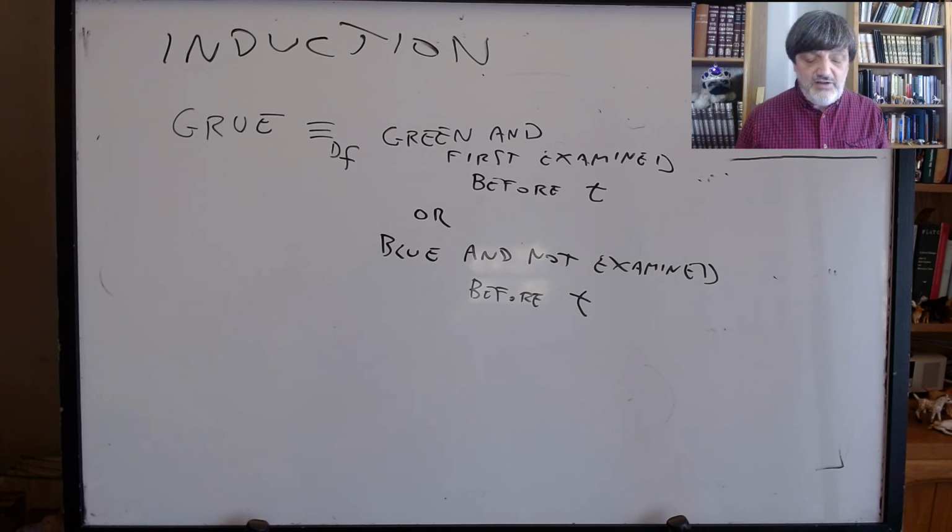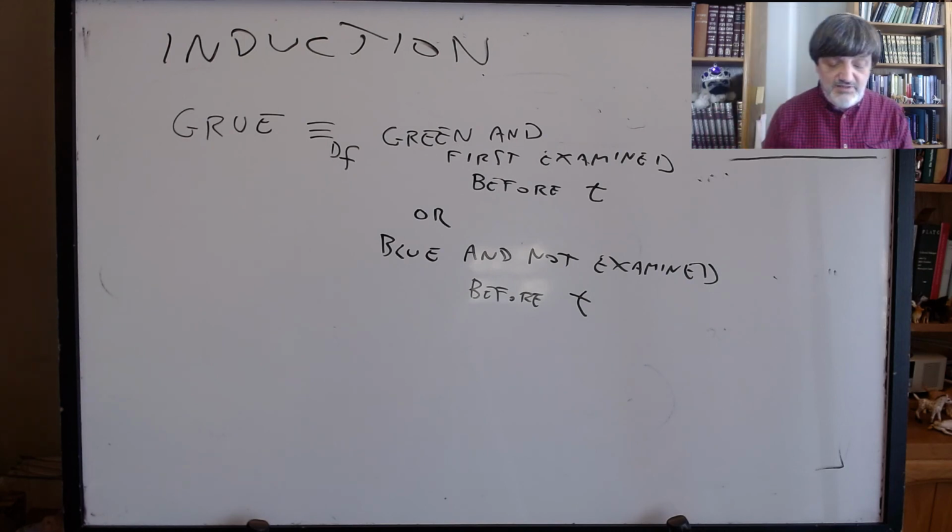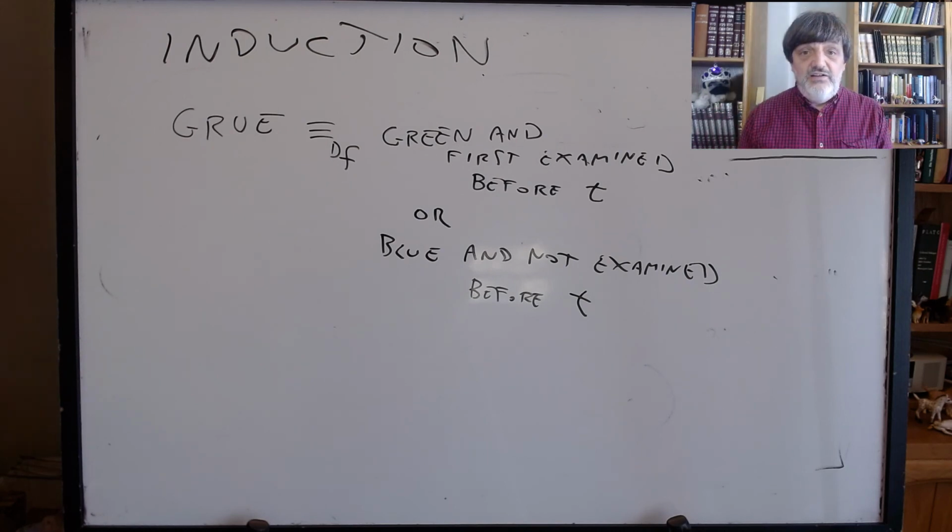Every time you pick up something and you see it's green, and again we're assuming that it's before time t, it's also GRU, but the fact that it's GRU gives you no reason to expect that everything else will be GRU. In particular, it gives you no reason to expect that anything not examined before time t will be found to be GRU when it is examined.